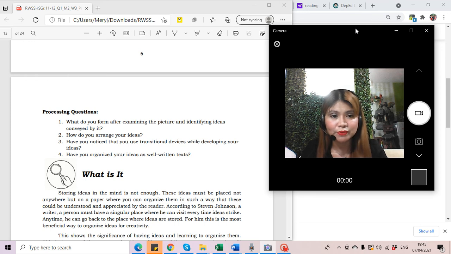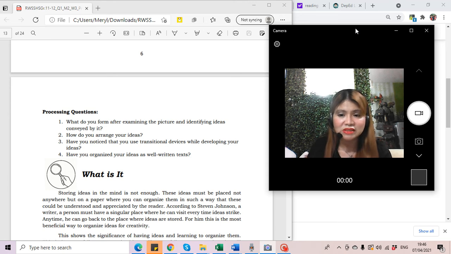Yes or no? And for number 4, have you organized your ideas as well-written texts? Answer yes or no. But when you arrange your ideas and you use transitional devices, therefore you can say that you organized your ideas as a well-written text.